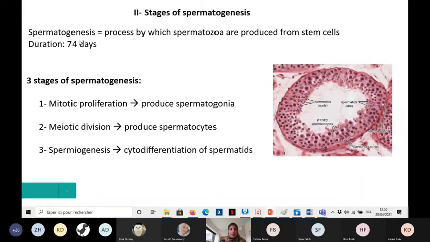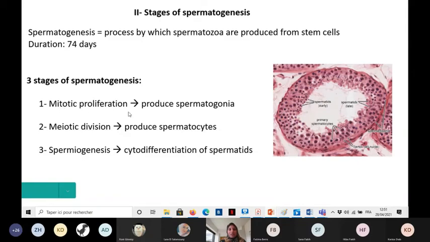This process has a duration of almost 74 days. The entire process, from an immature stem cell to a spermatozoa, takes 74 days. And we have three main stages during the spermatogenesis.